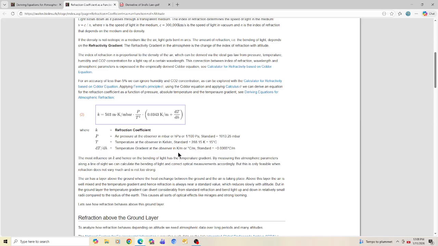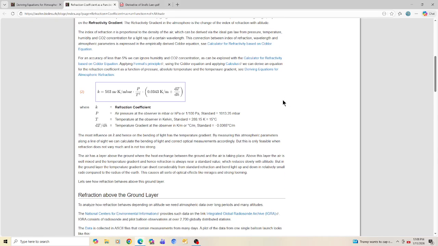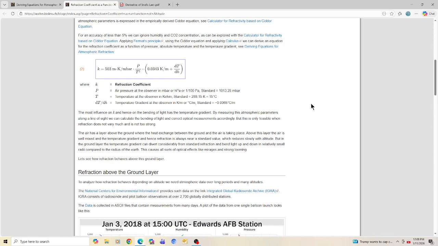Okay, this is per meter of change, in Kelvin or Celsius. We're calculating a rate of change. That is what this individual is doing. So, along the path that is being refracted, that rate has to change. The IOR has to change at a rate.